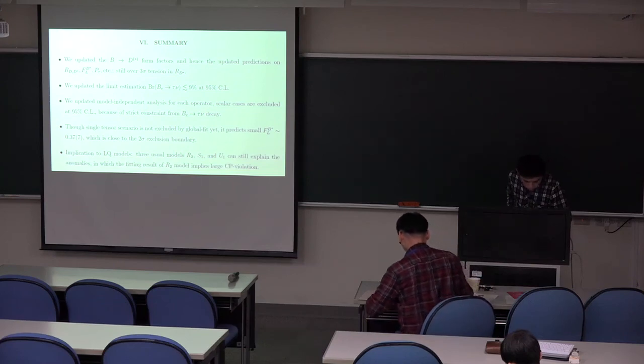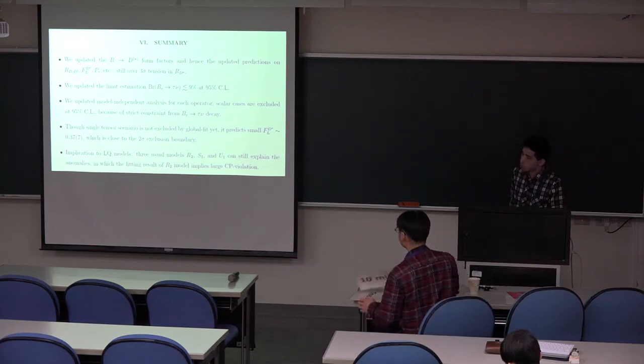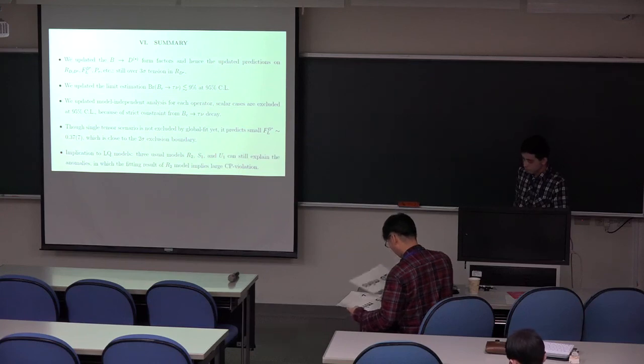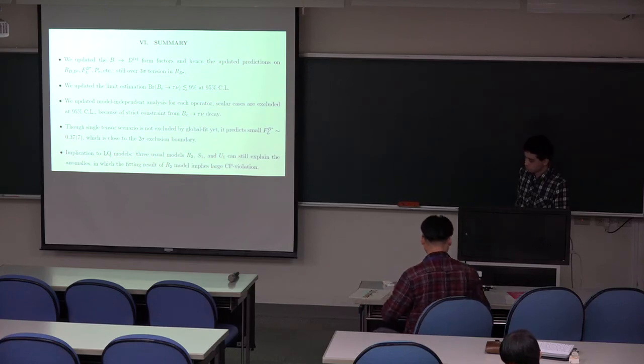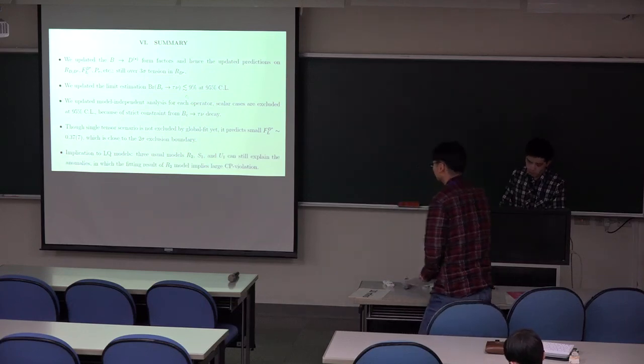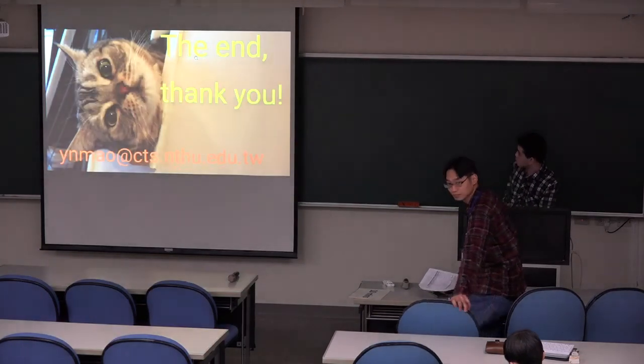And a single tensor scenario still works, but it is close to the 2 sigma exclusion boundary of the D-star polarization measurement. And we turn to the implication to the Lepto-Quark models, and for the R2 Lepto-Quark, the fitted data favor large CP violation. So that's the end. Thank you.